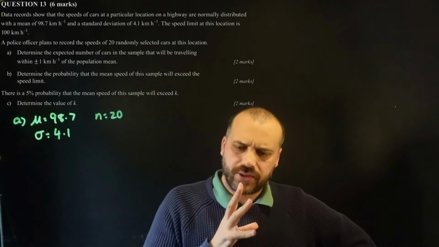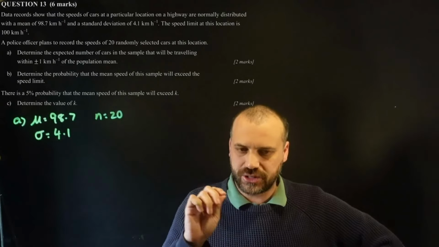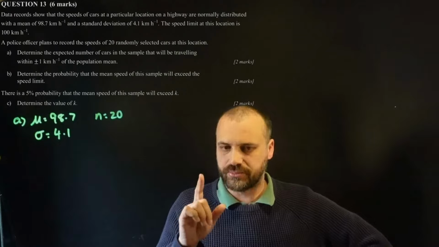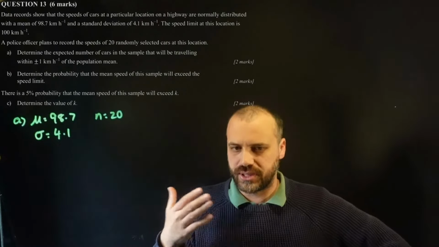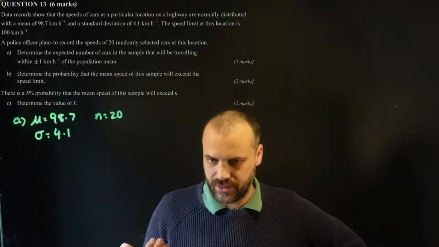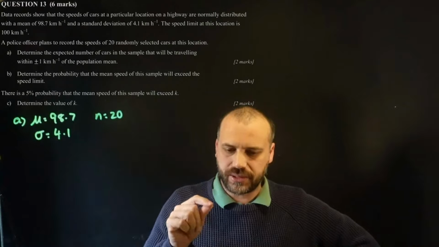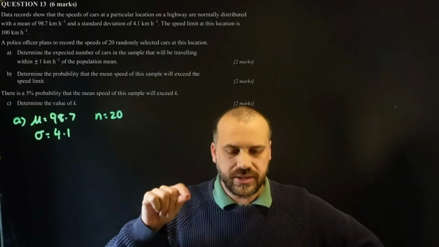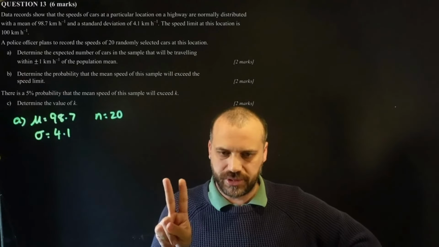Okay, now this question is interesting because this question is actually not a sample distribution question. It's actually more like a question you would come up against in maths methods. Because what we're trying to come up with is the probability that any single car will be travelling within plus or minus 1 kilometre.